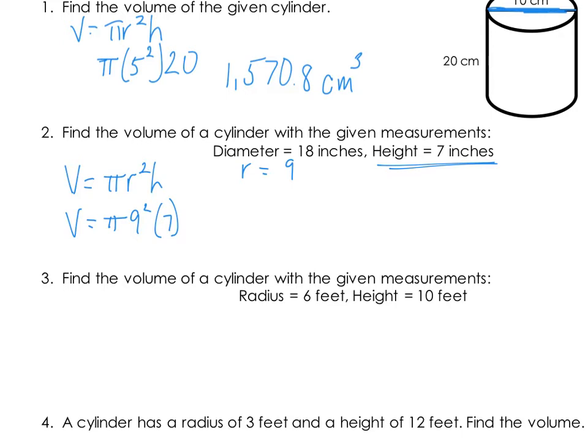All right. So, again, calculator. So pi times 9 squared times 7. And, again, we get another really cool number. Volume is equal to 1,781. Again, 0.3. And this time we're in inches. And they are cubed, so cubic inches.